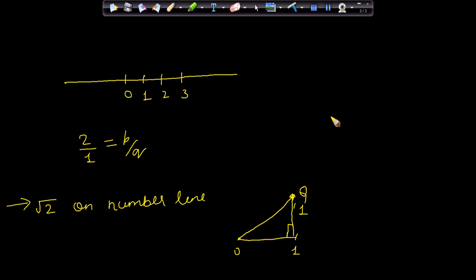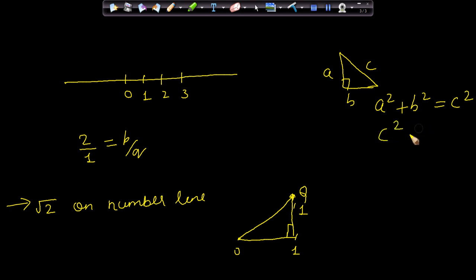If you know Pythagoras theorem, that in a right angle triangle, Pythagoras theorem says that a square plus b square equals c square. So from this a is 1, b is 1, so what is c? C square is 2, c is root 2. So this is root 2.